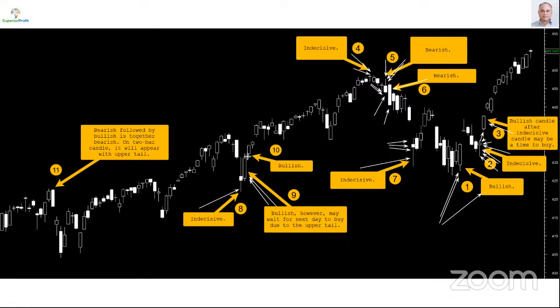If we wanted to wait, looking at the upper tail, next day we would have a very clear bullish candle with almost no upper tail. Lower tail is bullish, hollow body is bullish. So we could get ready looking at the indecision at the bottom and enter the next day, or wait one more day to get a fully bullish candle.